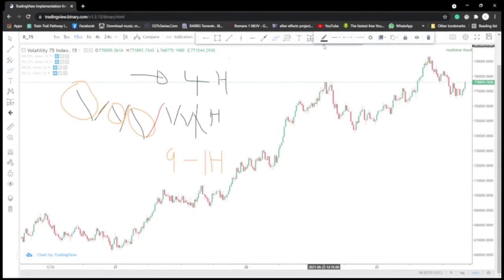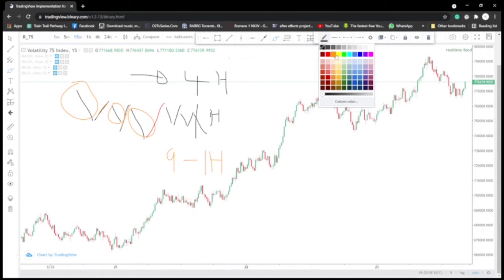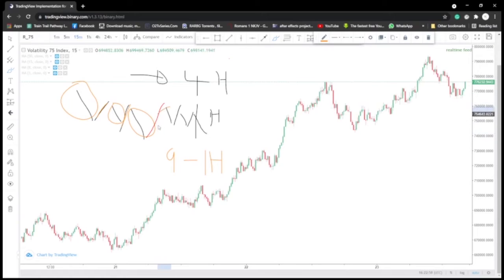So again, guys, don't get confused. After a reset, this is what happens. An impulsive move or a drop, and then we have a retest or retracement, then we have a drop again, and then this last drop.